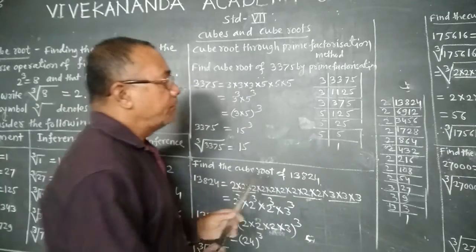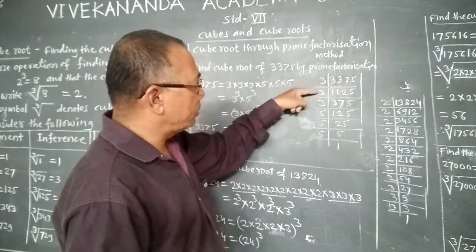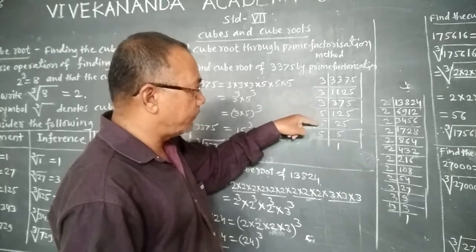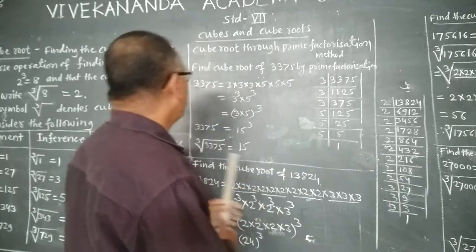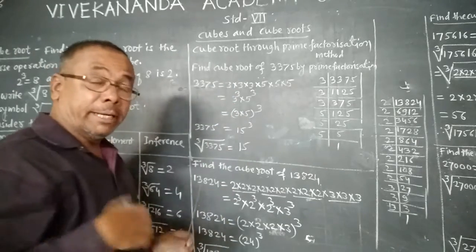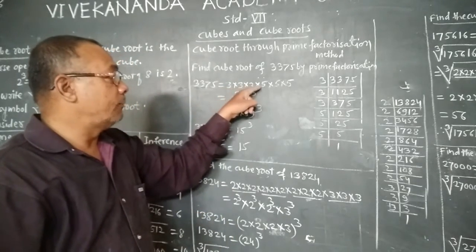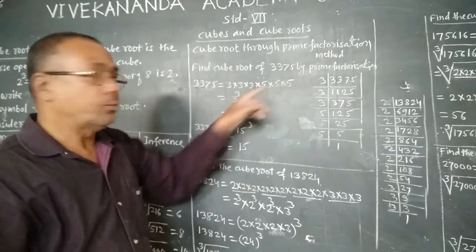In this way, the factors of 3375 are 3 into 3 into 3 into 5 into 5 into 5. So 3375 can be written in factorization form as 3 into 3 into 3 into 5 into 5 into 5.